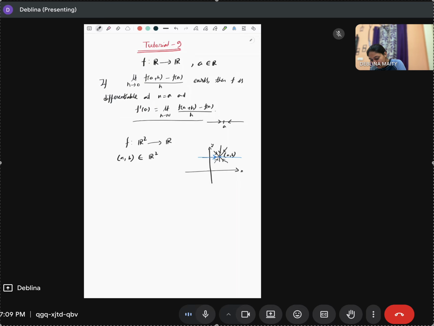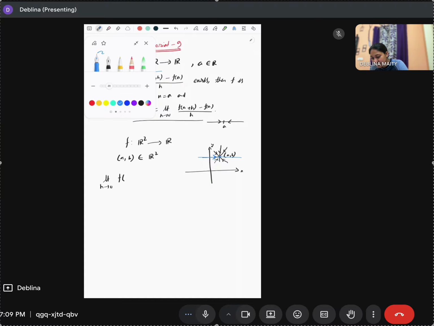So for f from R2 to R, consider the limit as h goes to 0. In the real line, this was f of a plus h, the point plus a number h which goes to 0, and the unit number is 1.